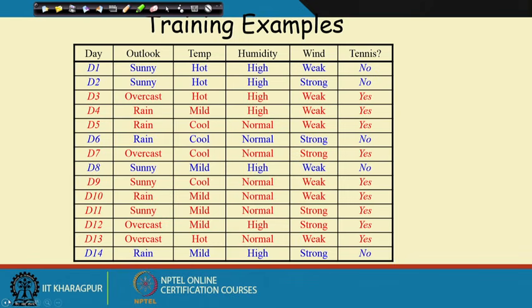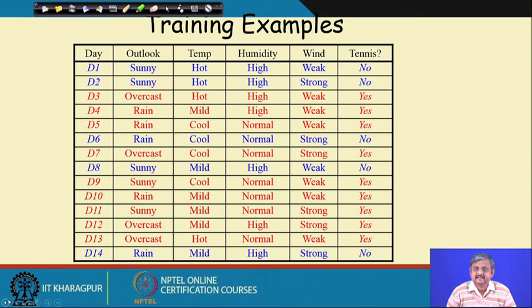If you look at the table in the slide, there are two categories, whether people prefer to play tennis and outdoor sports on that day or does not prefer to play tennis on that day. So, each day belongs to two categories, whether people play tennis or do not.